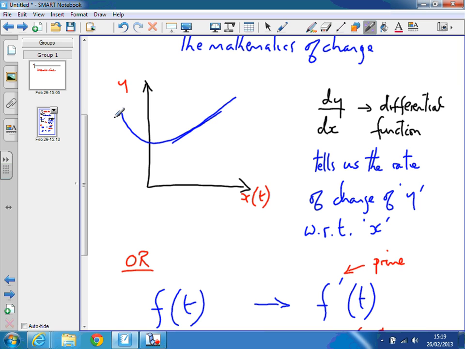At this point, we'd have a negative gradient, a bit steeper. At this point, and this is an interesting point, we've got 0 gradient, and that's interesting because it gives us a minimum value in this case of the function. So the differential tells us the gradient at a given point, and that's a particularly interesting one that we'll come on to.